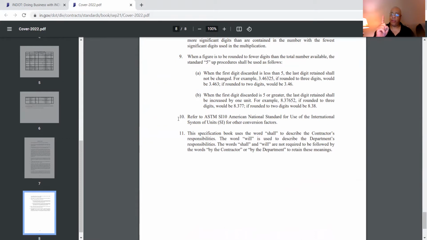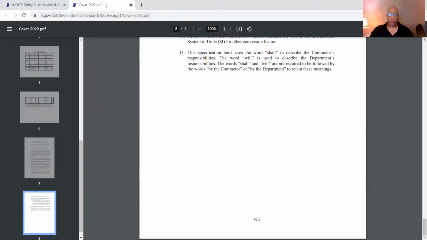And this is a key reference, ASTM S110, American National Standard for the Use of the International System of Units, known as SI. Your SI units are newtons, kilograms, meters per second, which equals a newton. They're all metric. Centimeters, cubic meters.